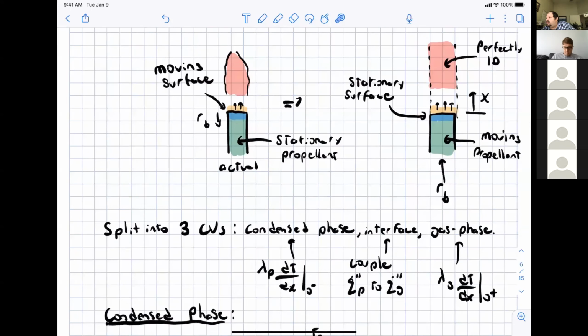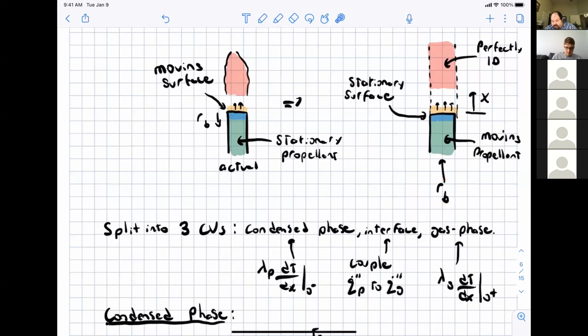And so that's why this is called an eigenvalue problem: you don't know how fast to feed in the reactants to produce a stationary flame. For gas phase flames, that's called the laminar flame speed problem, and you determine a quantity called S_L, which is the laminar flame speed, and r_b for a propellant is the exact same thing.